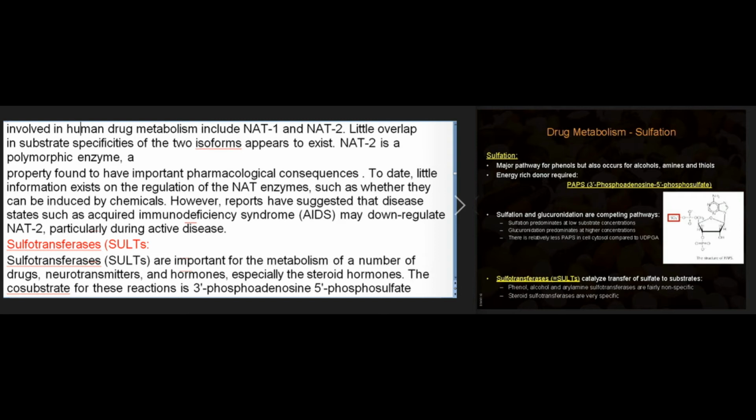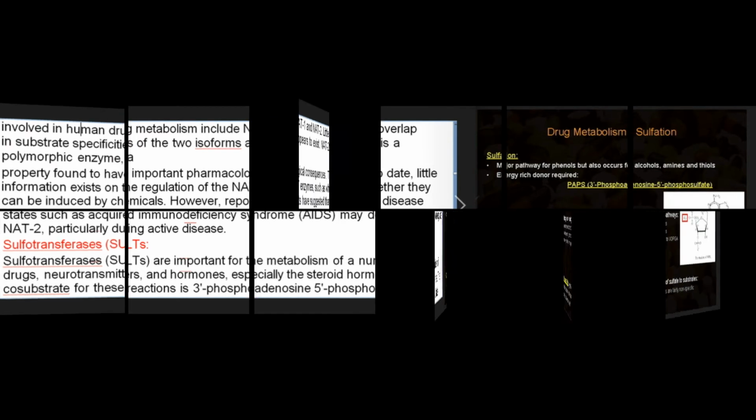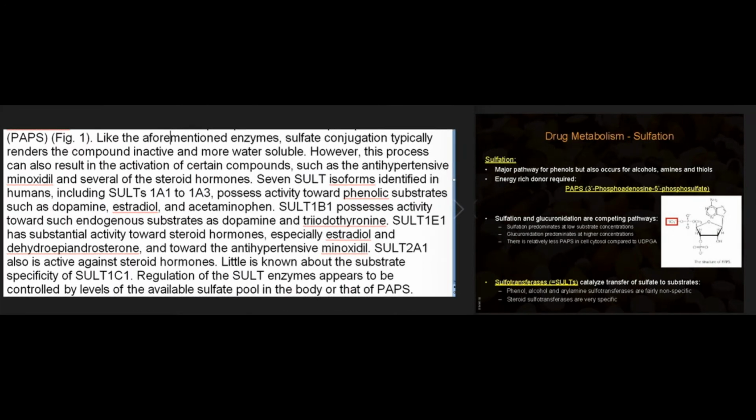Sulfotransferases, SULTs, are important for the metabolism of a number of drugs, neurotransmitters, and hormones, especially the steroid hormones. The co-substrate for these reactions is 3'-phosphoadenosine 5'-phosphosulfate, PAPS, Figure 1. Like the aforementioned enzymes, sulfate conjugation typically renders the compound inactive and more water-soluble.